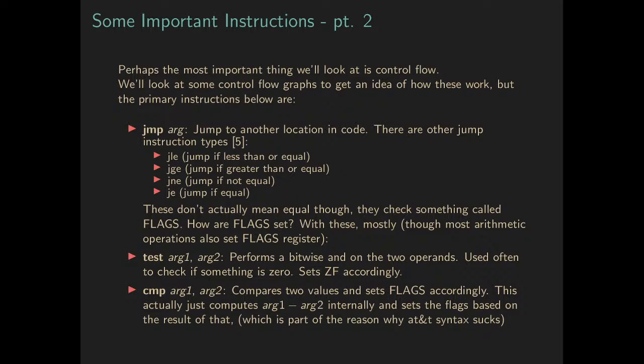If you have a jump if less than right after this compare, you actually have to swap the less than to greater than in order to make heads or tails of what it's actually comparing. So this just adds a little bit more confusion. That's why AT&T is kind of hard, kind of more work.